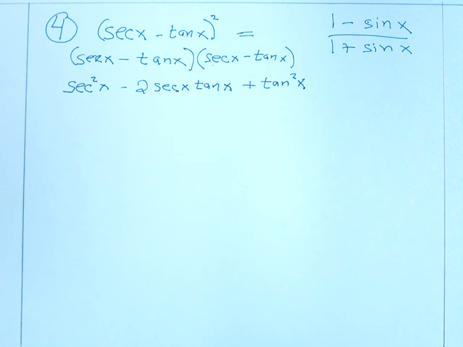The outside is what? Secant times negative tangent is negative secant tangent, yes? The inside is also negative. Can I say negative 1 times secant tangent, and negative 1 times secant tangent? Negative 1 times secant tangent and a negative 1 times secant tangent is negative 2 times secant tangent. So you put the 2 right there, right?